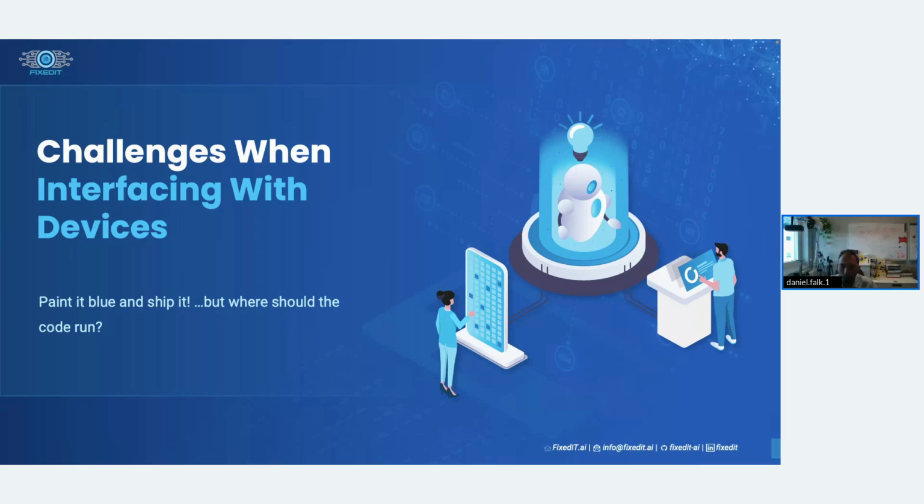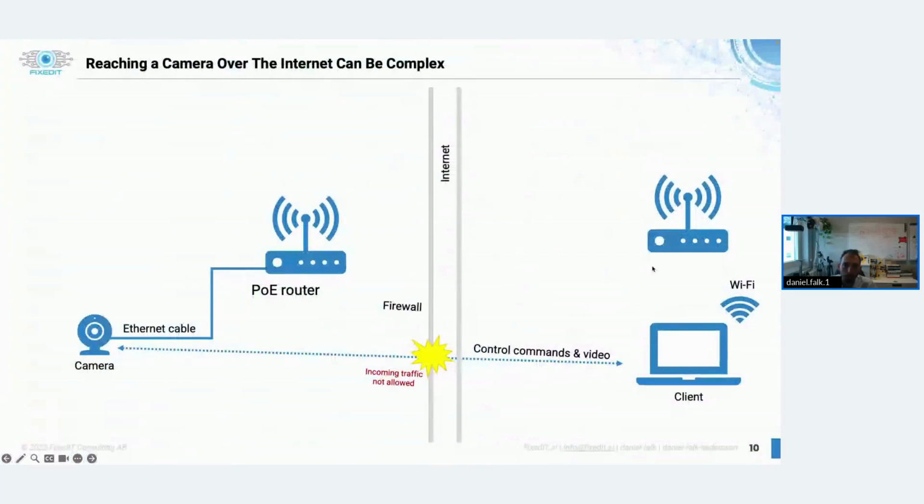But it's even more complicated than that, especially if we try to create a cloud-based system, because we might think that AWS has easily accessible computers that we can make use of. But then we have the problem with the internet and firewalls: reaching a camera or a network device in general over the internet isn't always easy due to the use of firewalls.